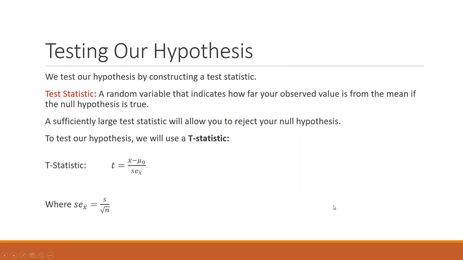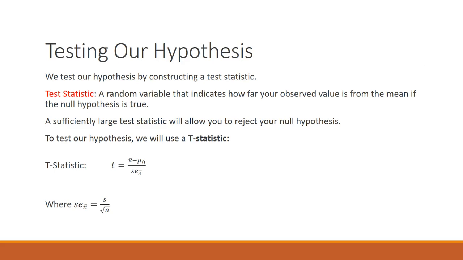So we test our hypotheses by constructing a test statistic. A test statistic is a random variable that indicates how far your observed value is from the mean if the null hypothesis is true. So that means we're assuming that the population mean is whatever our null hypothesis is saying that it is.